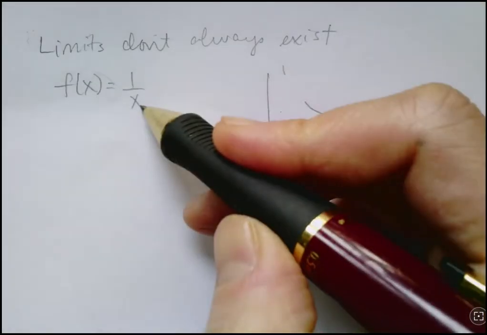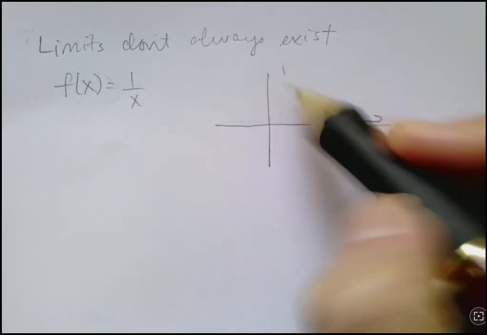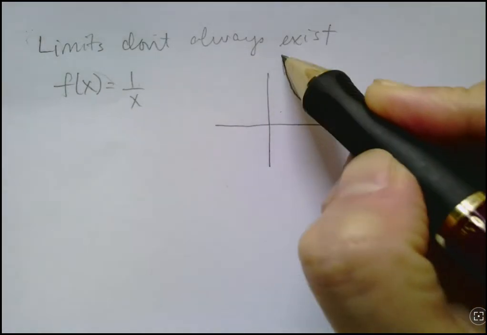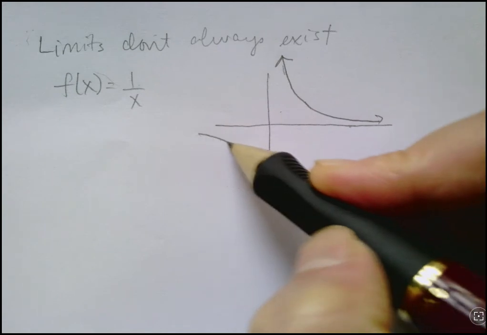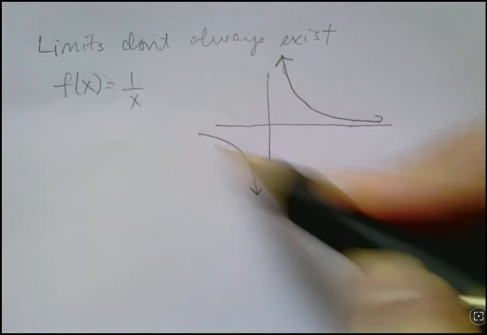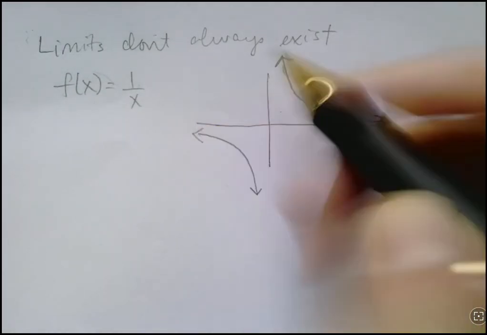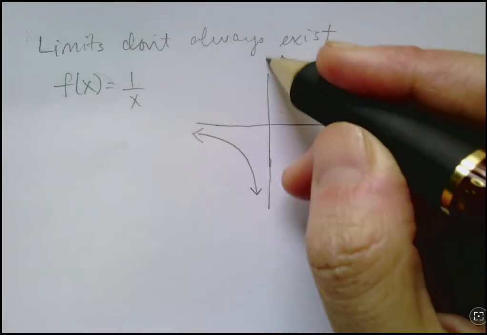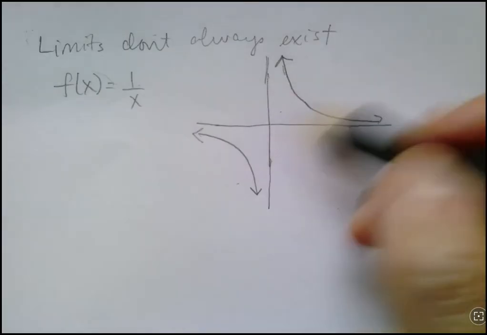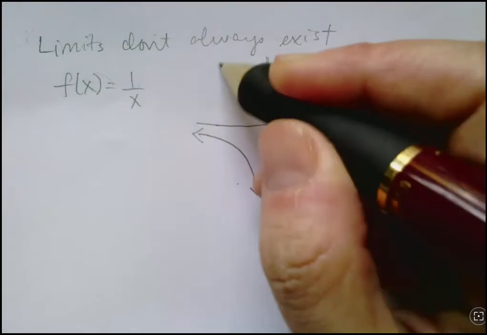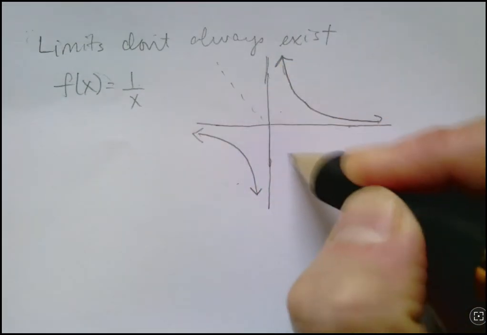And as x gets very small, 1 over x goes to infinity. And if we replace x by negative x, we get negative f, and that's why you can reflect about this line.